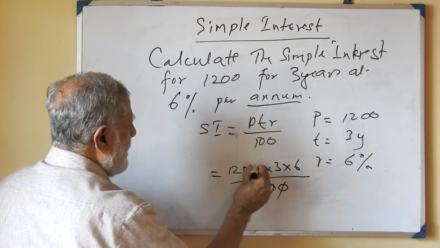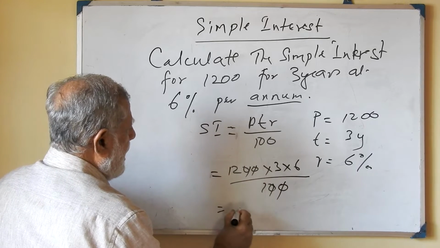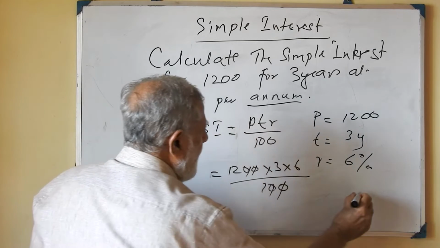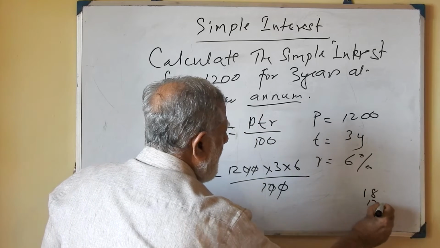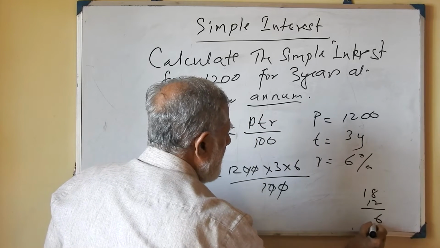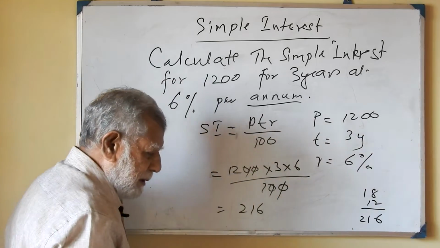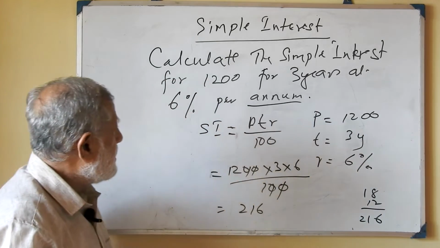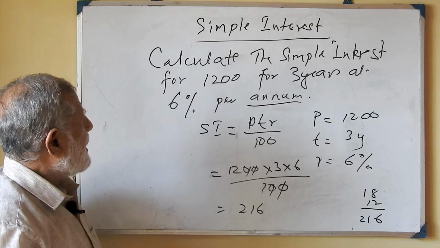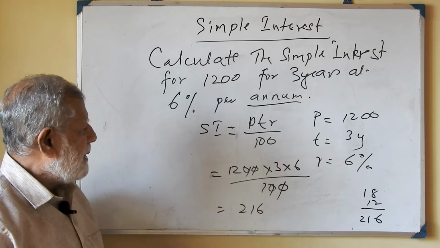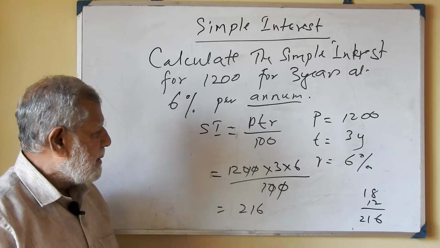So cancel the zeros. So the answer is 18 into 12, 216. So the interest is equal to 216 rupees. So the person who has borrowed the money, 1,200 rupees, after 3 years had to pay the interest of 216 rupees.